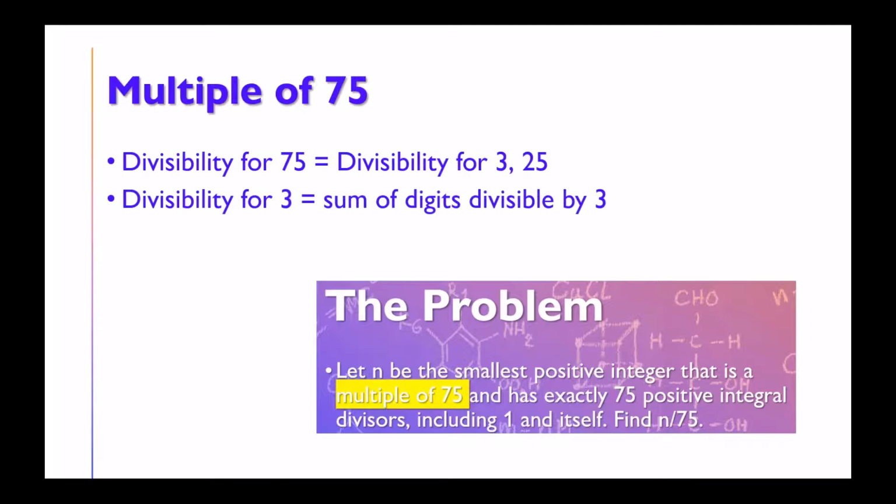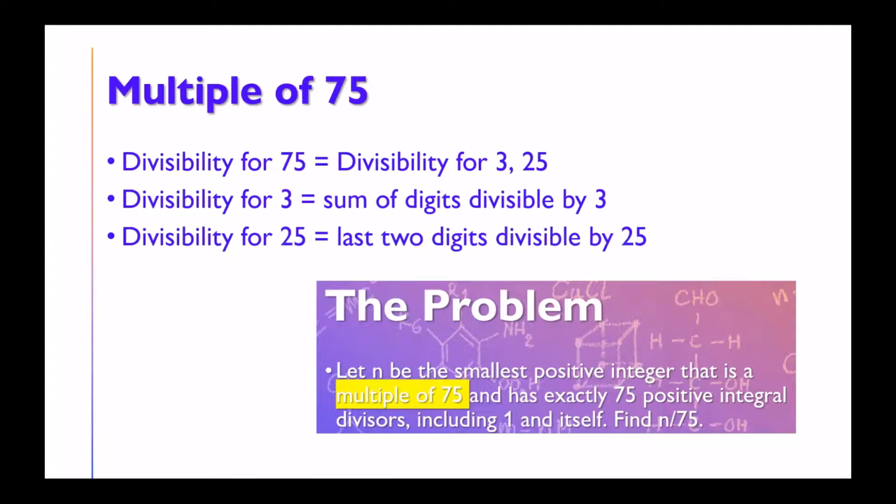If the sum of the digits of the number is divisible by 3, the entire number is divisible by 3. And for divisibility by 25, the last two digits must be divisible by 25. Just like for divisibility by 5, the last digit must be 5 or 0.